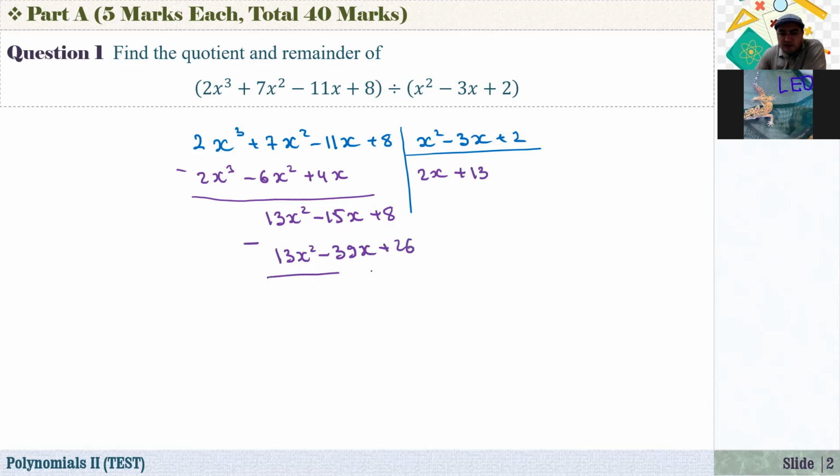If we subtract this, here we have 0, negative 15 minus 39 is equal to 24x, and 8 minus 26 is equal to negative 18. Now the degree of this polynomial is 1, and the divisor's degree is 2, so we cannot continue anymore. What is the question here? The quotient and remainder. So this one is the quotient, and this one is the remainder.